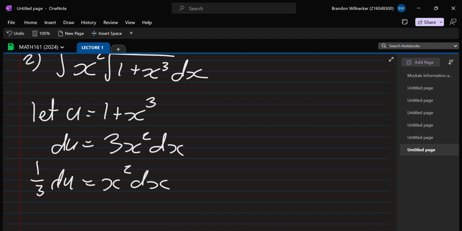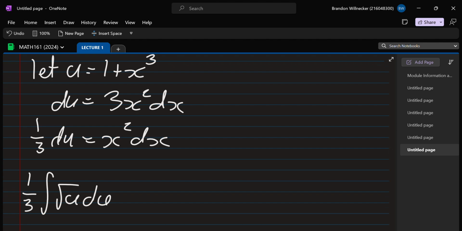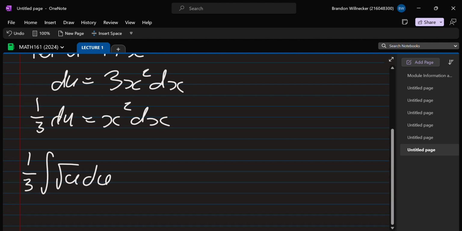Okay, so that takes care of the x squared dx, and the u part takes care of the inside of the root. So we can substitute. So we get 1/3 integral root u du. The 1/3 comes from the du. We took that out. The root of the stuff inside just becomes root u. Now we should write this as an exponent.